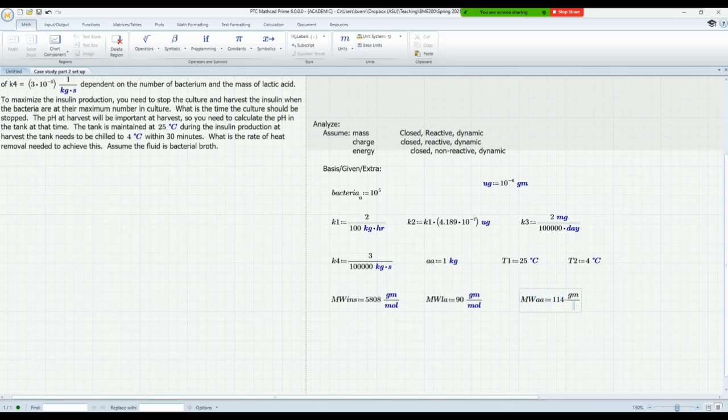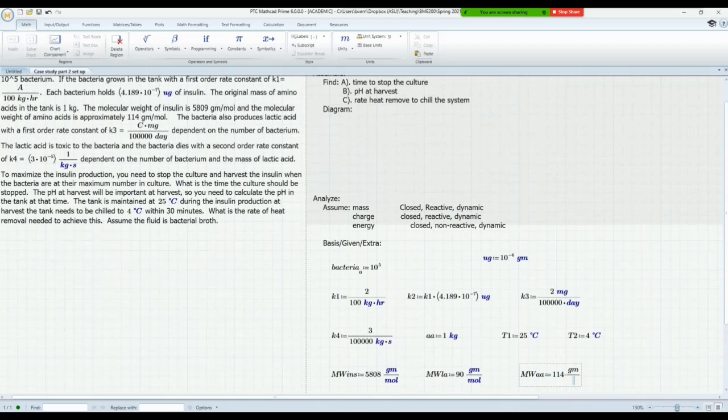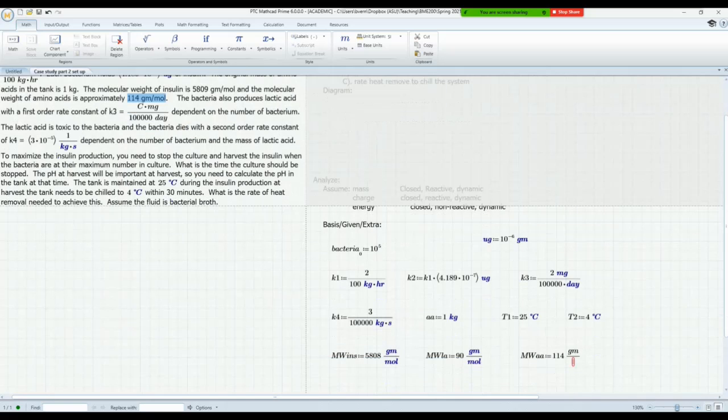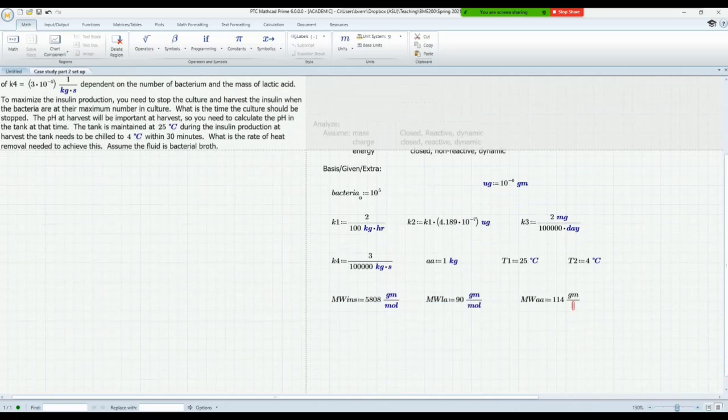And I think I gave that to you in the problem statement up here. Oh, I actually even gave you the insulin molecular weight and the amino acid molecular weight. Okay, maybe the lactic acid is the only one that's extra data. This is grams per mole. Now we're ready to calculate.